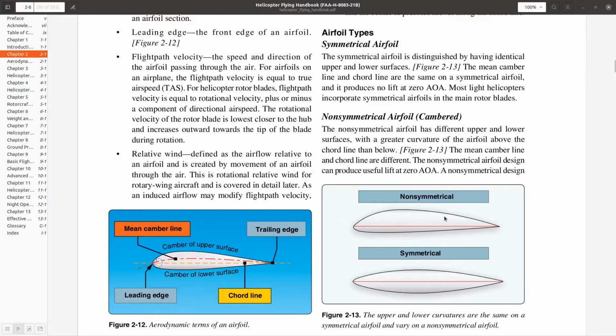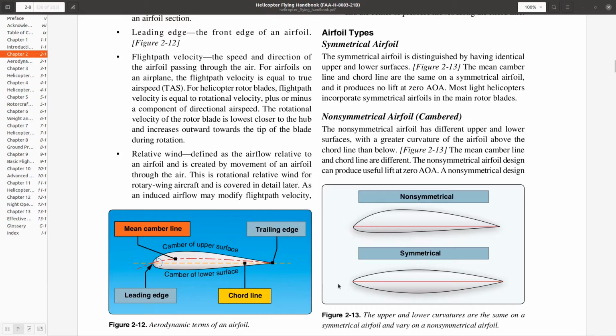Airplanes, at least small airplanes, typically have a non-symmetrical airfoil. What does that mean? At zero angle of attack, this thing will still make lift because the path over the top is bigger than the path over the bottom. Helicopters typically, but not always, have symmetrical airfoils, just like jets do.